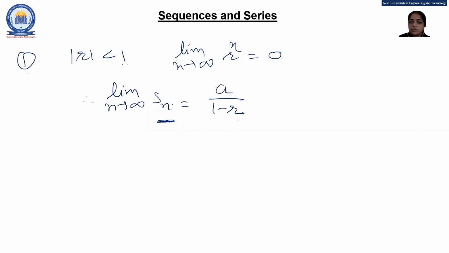Therefore, limit n tends to infinity, Sn is just a upon 1 minus R and is finite. Therefore, the series is convergent. This is our first result.